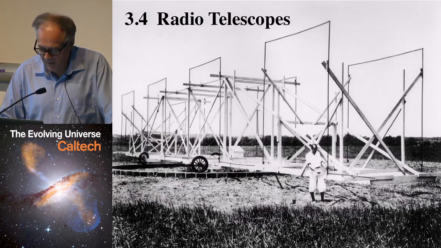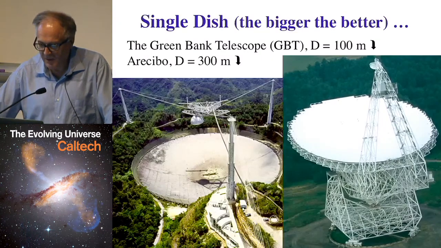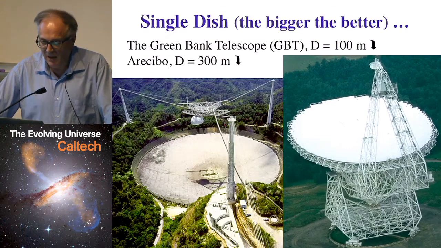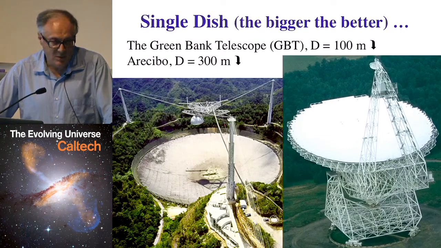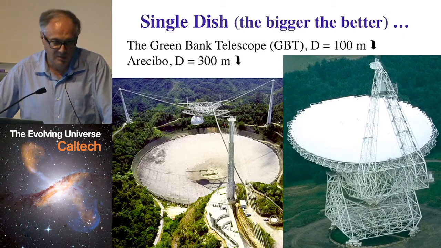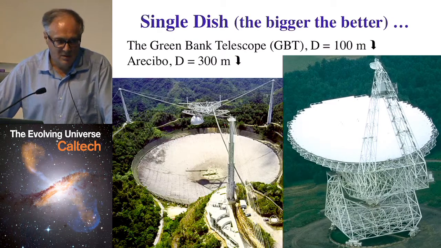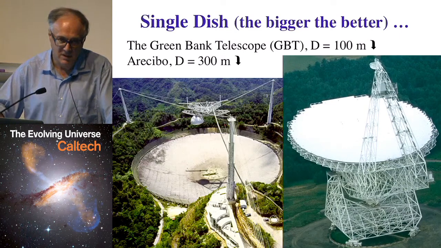Now, the simplest radio telescopes are big dish antennae, like a satellite dish. And again, you want a big dish because you have a large collecting area, which bounces radio waves into the receiver, which is in the focal point. The two biggest ones that are worth thinking about are Arecibo, which is a dish that's inside a crater in Puerto Rico, so it doesn't move.